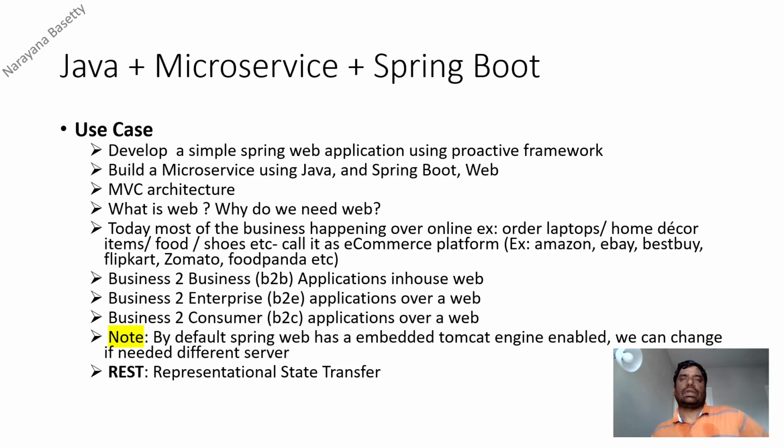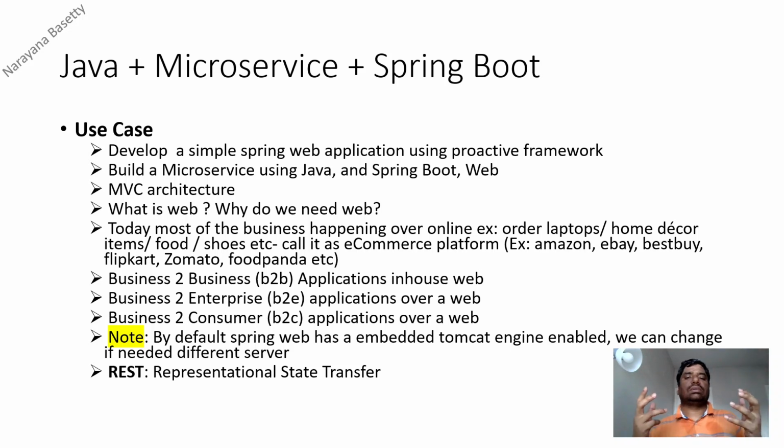We know the MVC architecture, that you have model view controller. So we will see in the next slide, and we will see what is a web. Web is basically an application which you can host within your organization, business to business or business to enterprise or business to consumer, completely exposing your service over the web, so that your clients can also communicate.